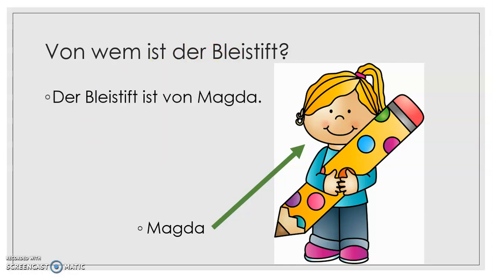So in this case, it would be "der Bleistift ist von Magda." So again, when we have our question, "von wem ist," and then whatever the object is that we're trying to figure out to whom it belongs. And then here we have "der Bleistift," so the object, "ist von Magda." So we have the object and to whom it belongs in the sentence.